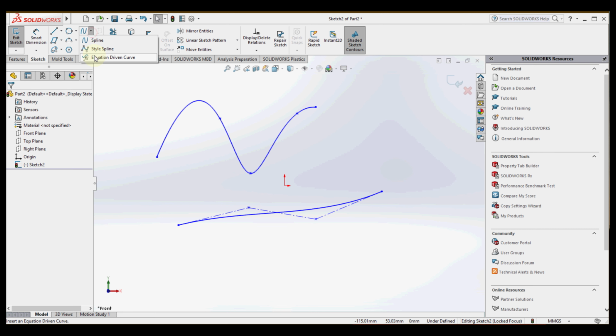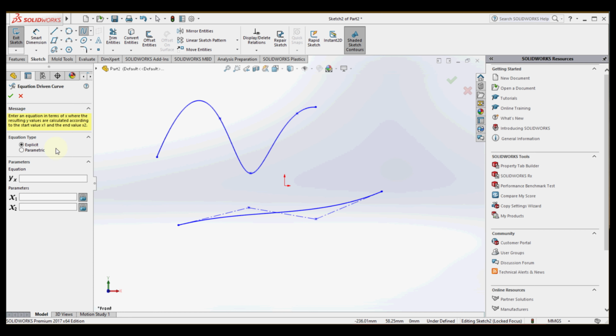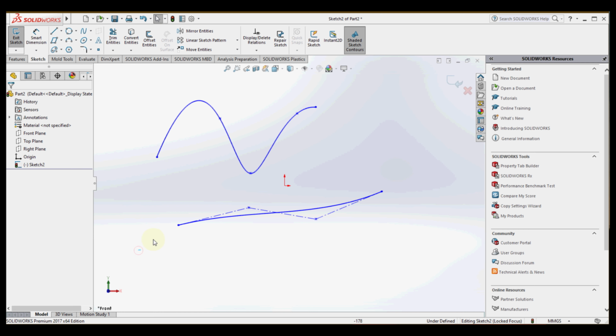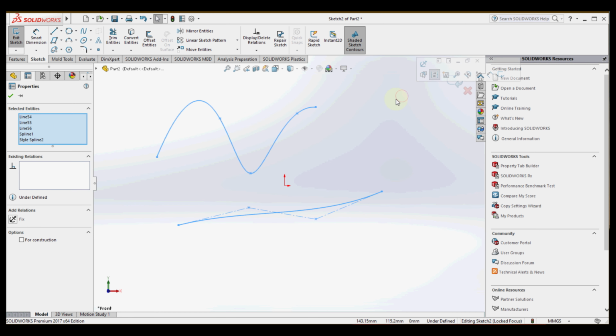Third is completely different, it is drawn by feeding an equation to SolidWorks. Let's move on to the next.